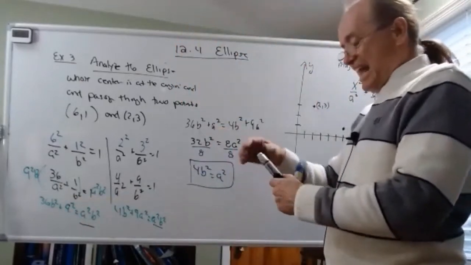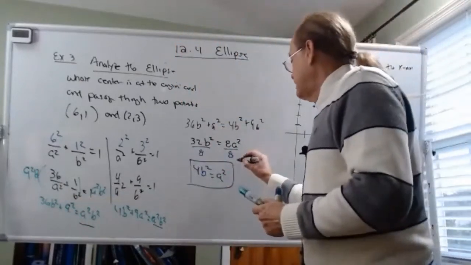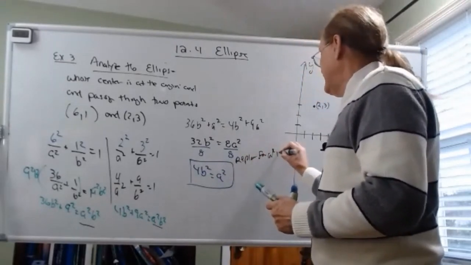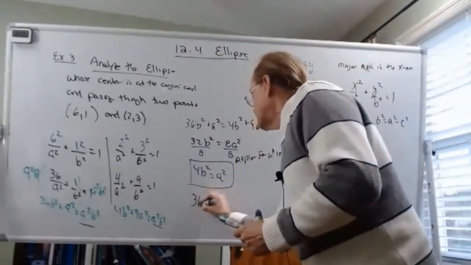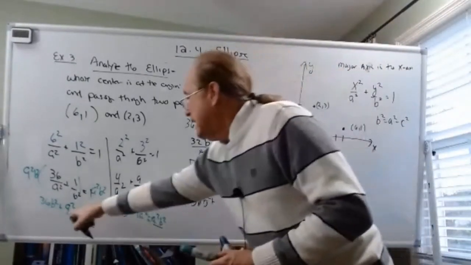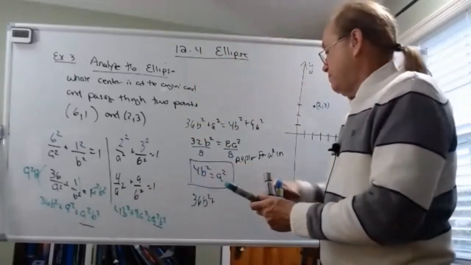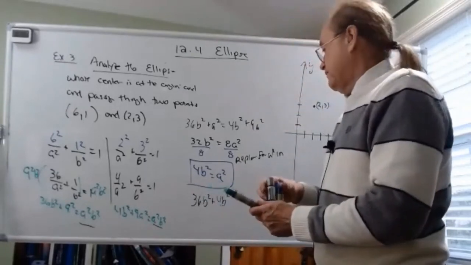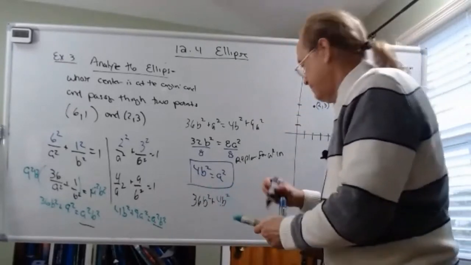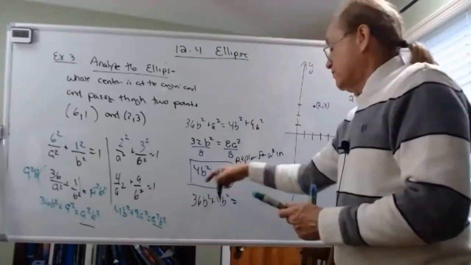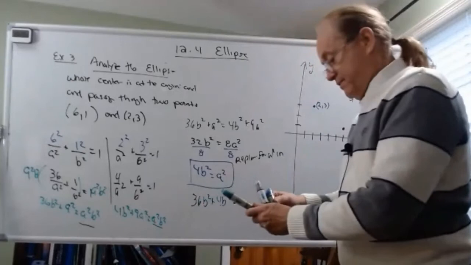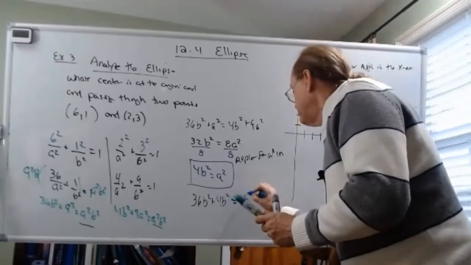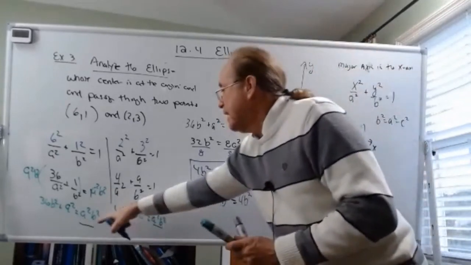I'm going to use that first equation and replace a squared in this equation. 36b squared plus a squared, but a squared is 4b squared, I just found this, is equal to a squared, which is 4b squared. So here it is. My a squared is 4b squared, so 4b squared, that's my a squared, times my b squared.